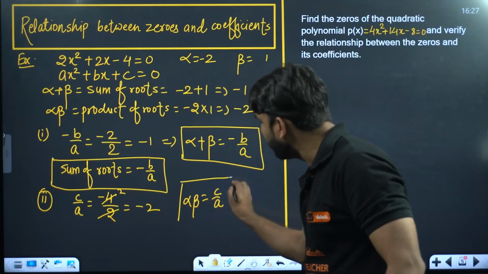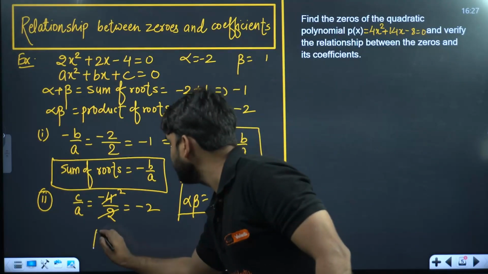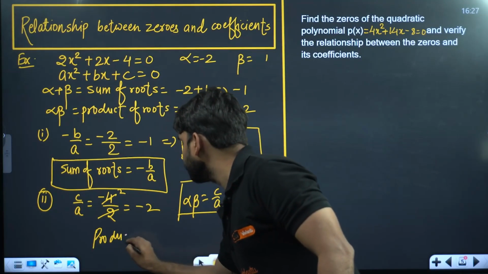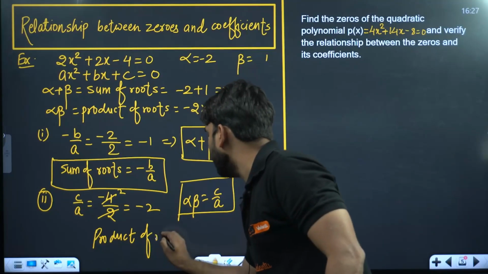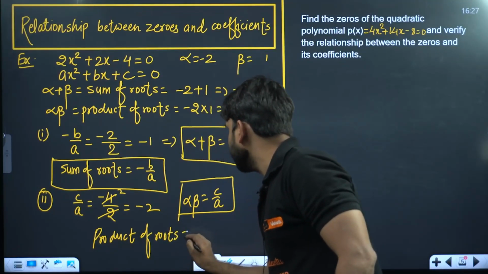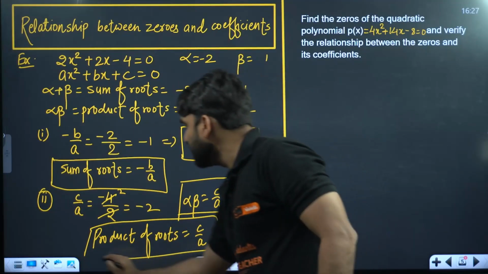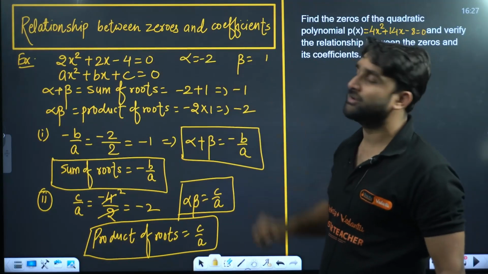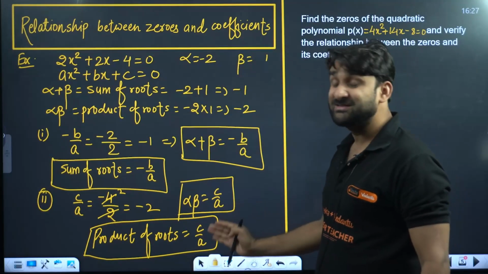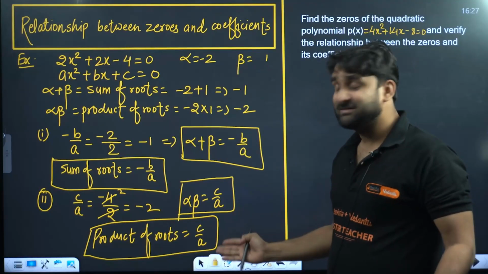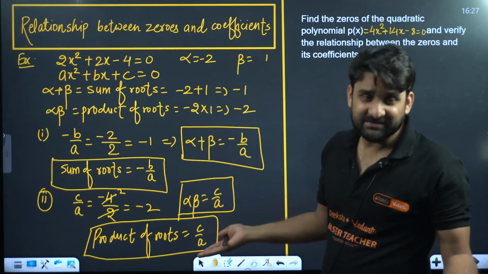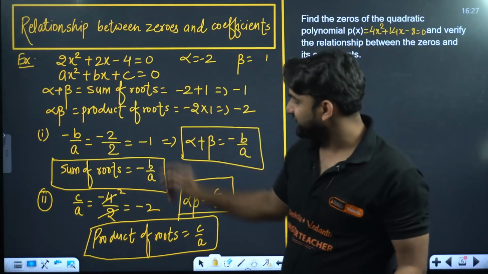One more formula, so we can write here: product of roots is equal to c by a. Very important formula. This is the relationship between zeros and coefficients, because a and b are coefficients and c is the constant term. So this is the relationship.